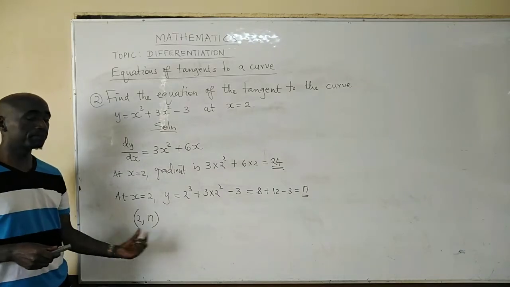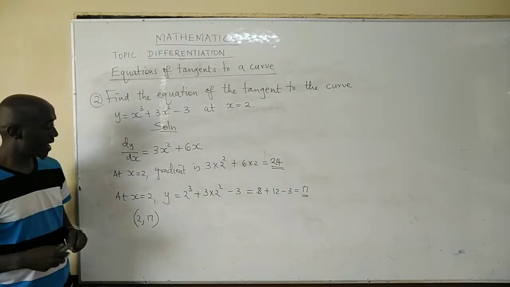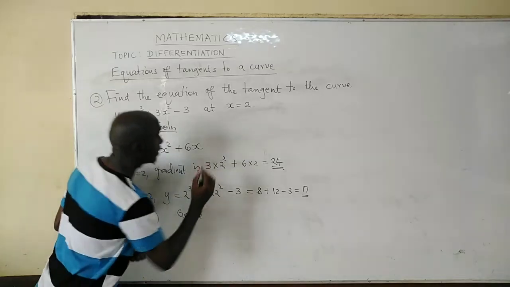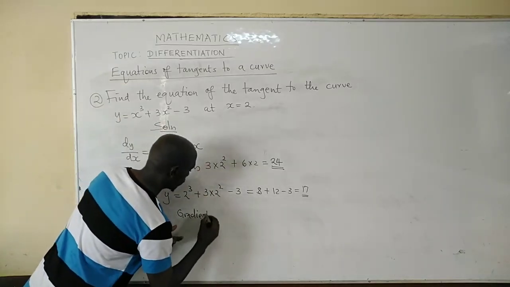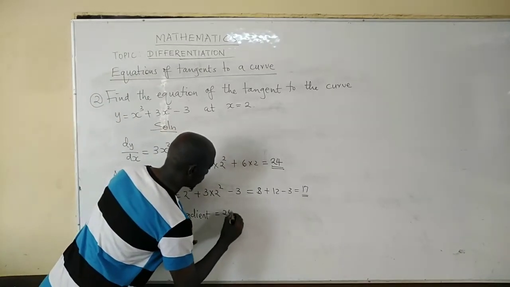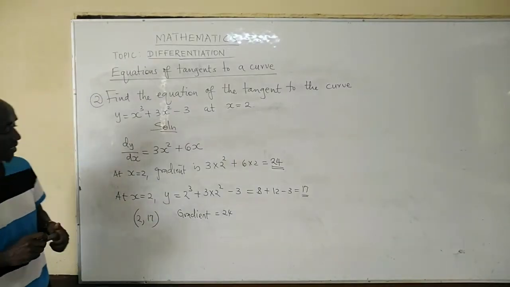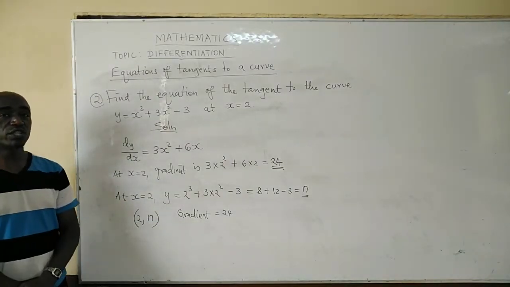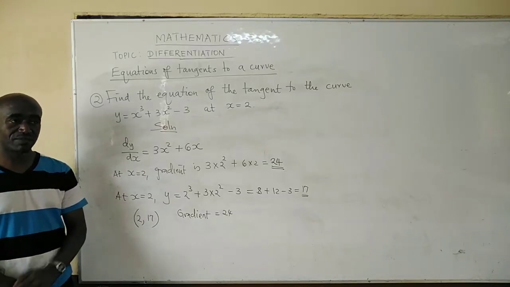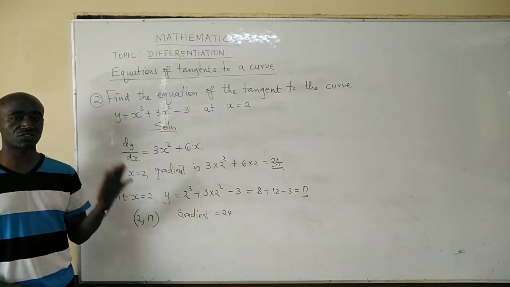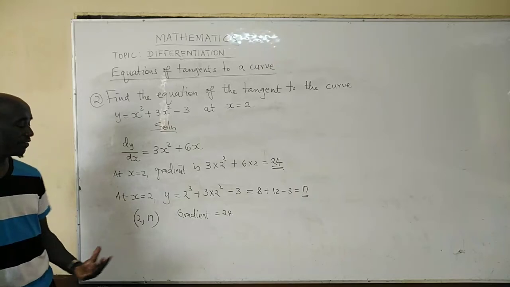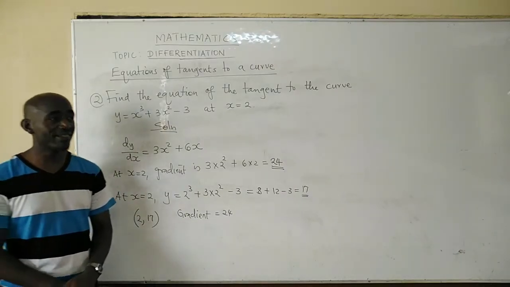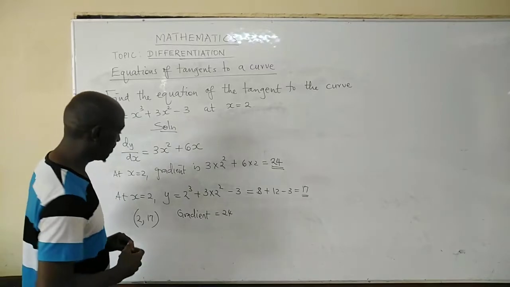So that is the point which we have, and we already have the gradient of the curve, of the tangent, which is 24. Gradient of the tangent is 24. Now we can get the equation of the tangent, because remember again, a tangent is a straight line. For a straight line, if you have a point on the line and the gradient, you should be able to get the equation.